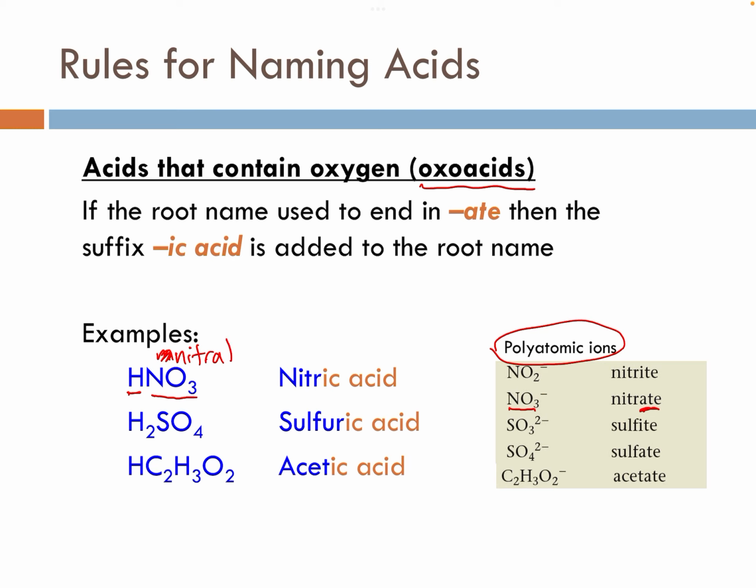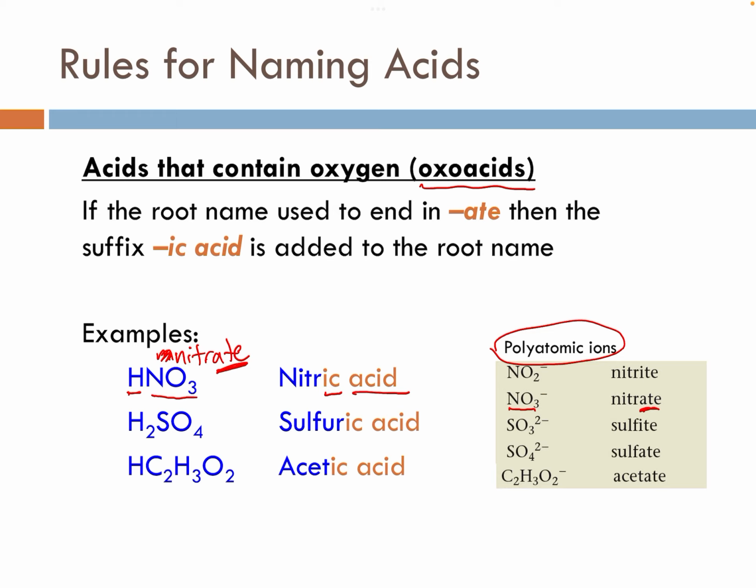If you see an ending "ate" in your polyatomic ion, we're going to replace that ending with "ic acid". And we don't have to write down the hydrogen at all. We know there's a hydrogen there because it's an acid. So if we say nitric acid, you know that that's a hydrogen bonded to a nitrate. The acid part is what tells you there's got to be a hydrogen there.